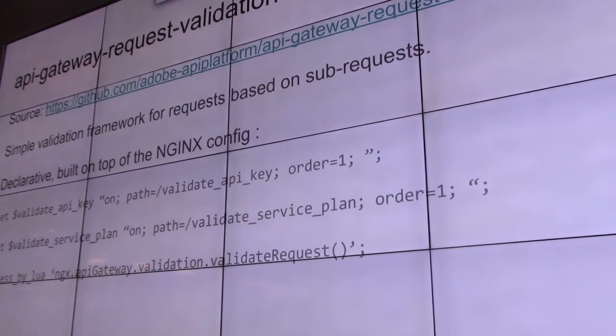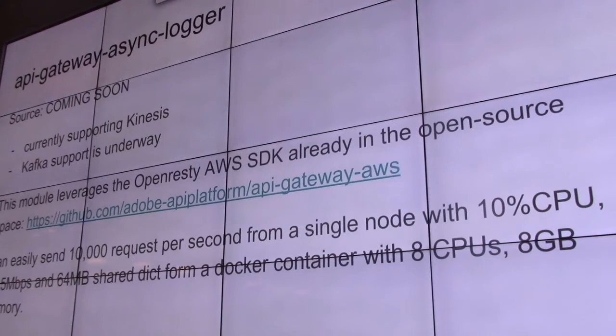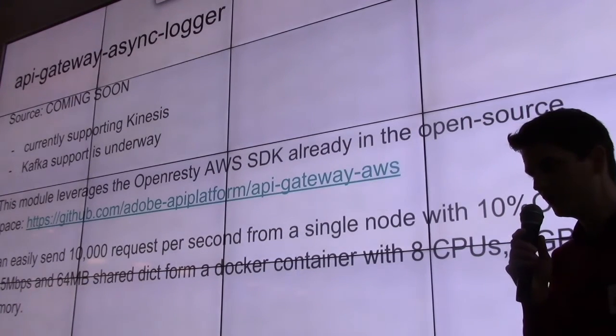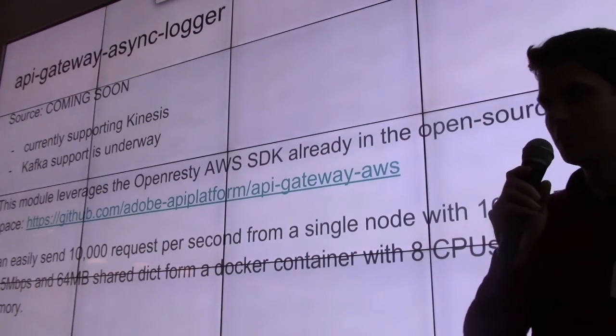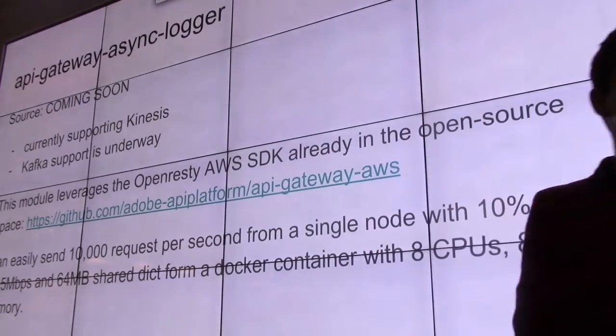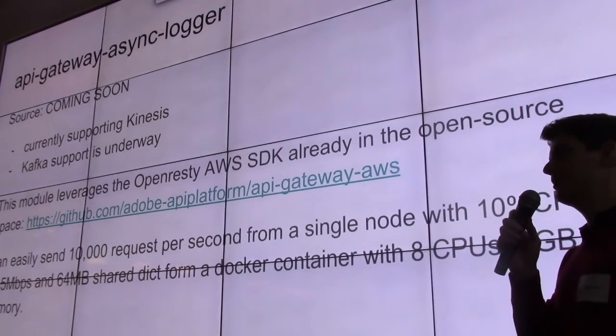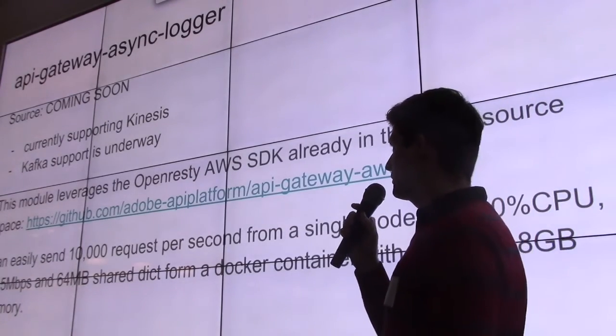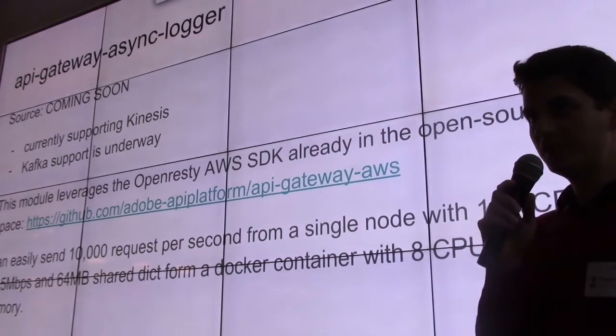Okay, that's one module that we have. Another module that is coming soon is an API gateway asynchronous logger. I know Cloudflare also has one, which is a socket logger, a pretty interesting module as well. What's special about this module is that we dwell in Amazon most of the time. So you would find that currently it supports Kinesis, and Kafka support is underway.